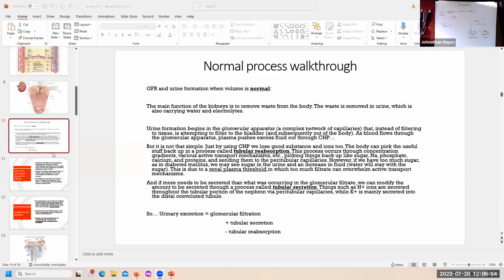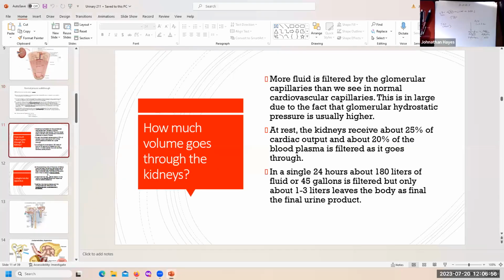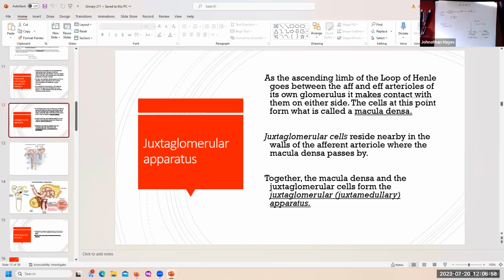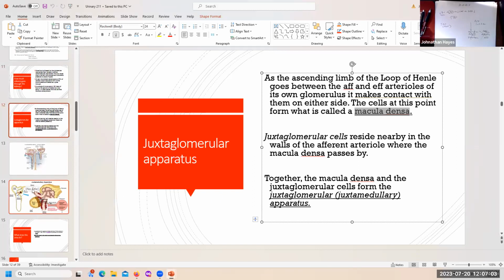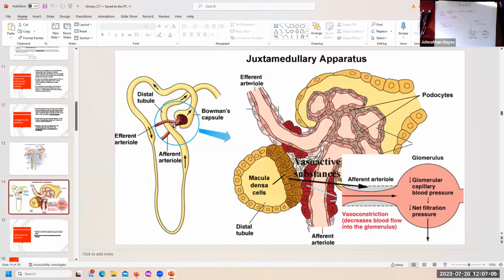If you want to see slightly more clear writing, here talks about the macula densa and juxtaglomerular cells. Here's a simplified picture of that. Here's the afferent arteriole, efferent arteriole, glomerulus, Bowman's capsule, proximal convoluted tubule, and loop of Henle. Here's the ascending limb of the loop of Henle passing in between the afferent and efferent arteriole.